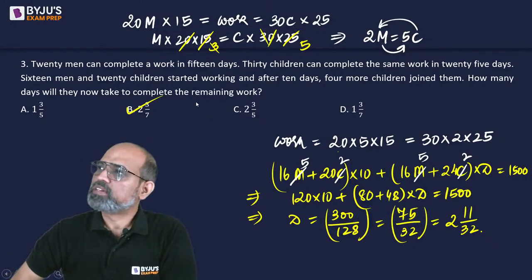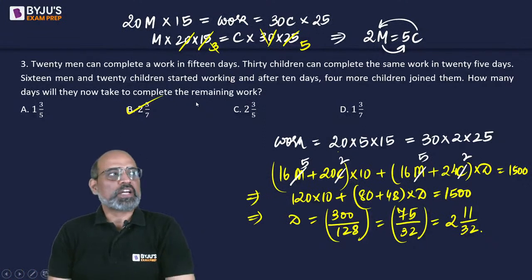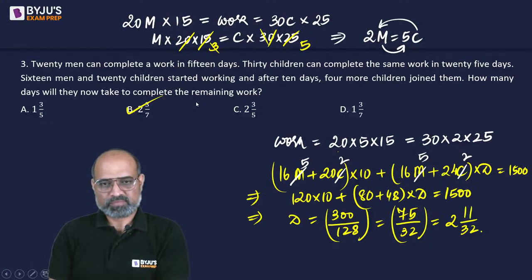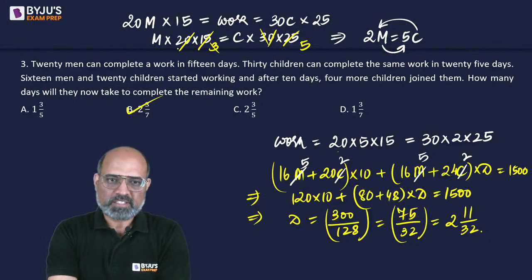So 2 men की जगह अगर 5 child कर दें, okay, let's see this. M into 20 into 30, 20 and 30 gone. We have 2 and 3. And then 5 into 3 is 15. So we will have 5C and 2M.